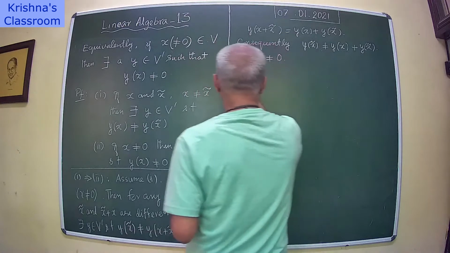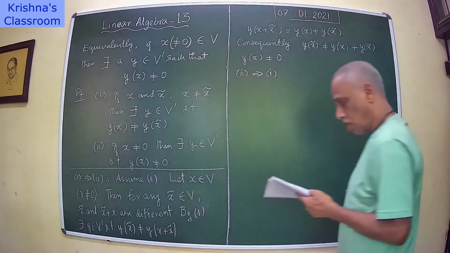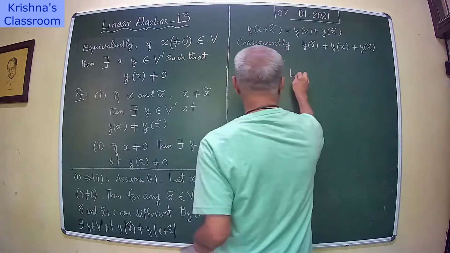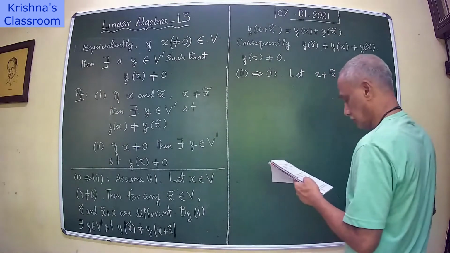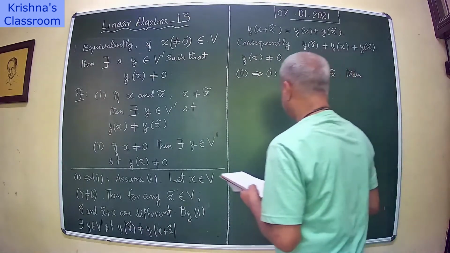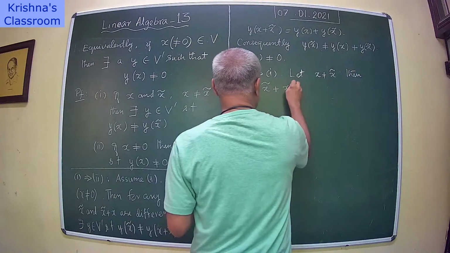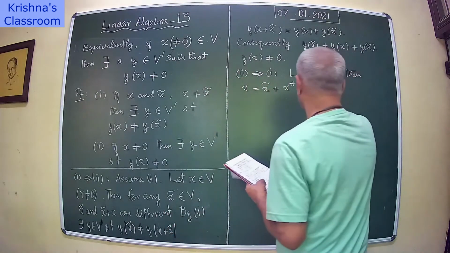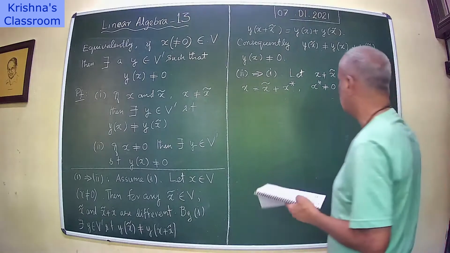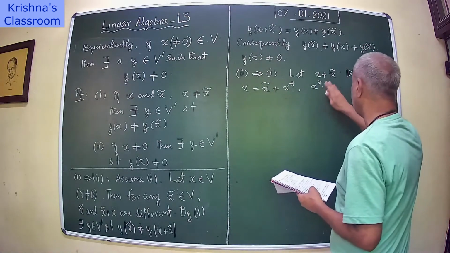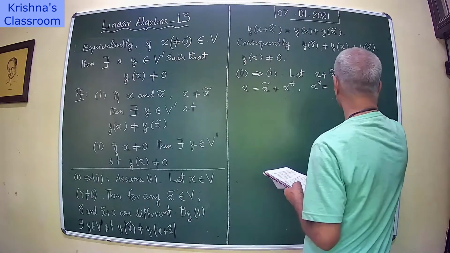Now let us take the converse. Then we have x is equal to x tilde plus some x star, where x star is not equal to 0, exactly x star is equal to x minus x tilde, not equal to 0.